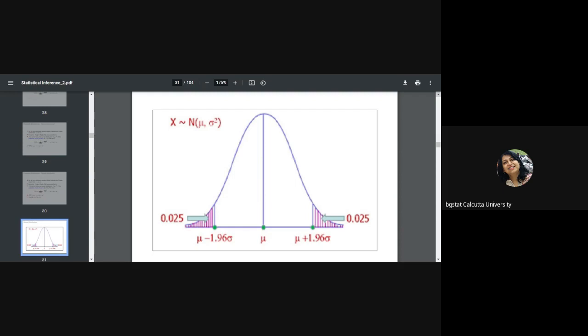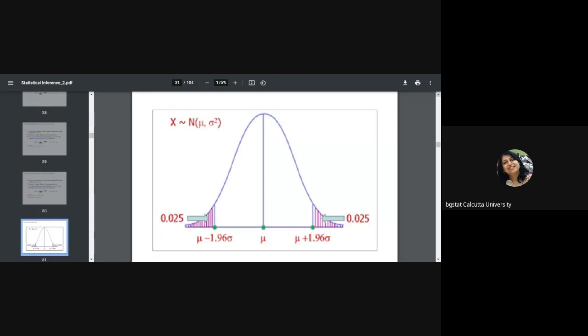So how do we use this curve? Suppose I want the probability of x being larger than the value mu plus 1.96 sigma. Suppose my mu is 0 and my sigma is 1. This means that I want the probability that x is larger than 1.96. The way to get it is to mark the point mu plus 1.96 sigma on the x-axis, draw the vertical line from that point up to the curve, and then calculate the area of the shaded portion you see on the curve.